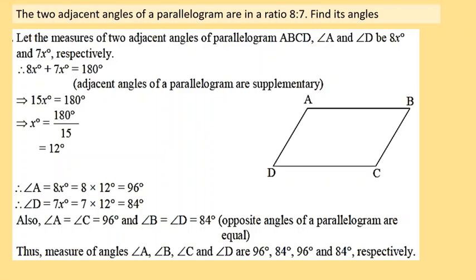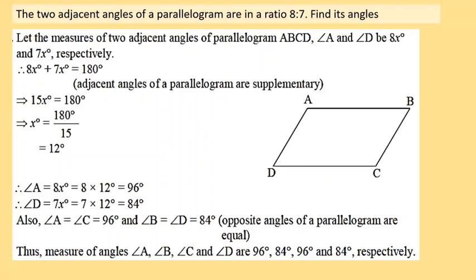Now, add these two. 15x degree is written just for your information. 15x is equal to 180 degree. How did we get 180 degree? It is because the adjacent angles are supplementary. Just now I said A plus B, B plus C, C plus D, D plus A, everything together 180 only, every pair.